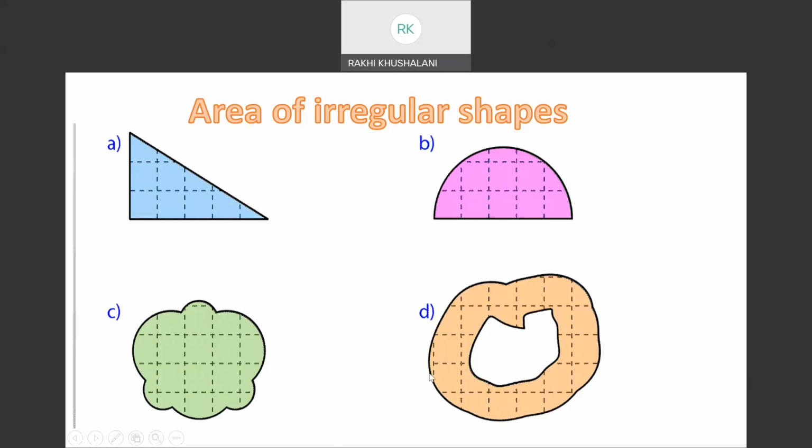And of course, these two, the C and D, are completely irregular shapes. Because they are completely irregular shapes, there is no formula for them to find out the area. But yes, by putting squares of equal lengths inside the space that they have, and counting them, we get the area of that particular shape.